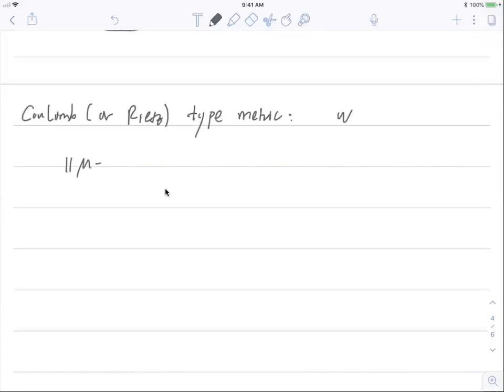We can compare two probability measures, mu and nu, in the following way. Let's assume mu and nu are very regular, so this formula is well defined. Let's assume everything is well defined.